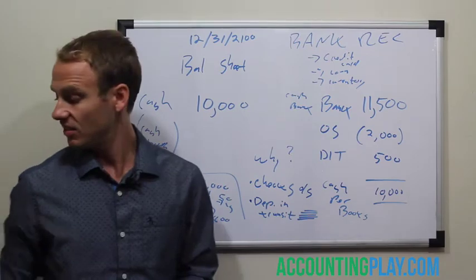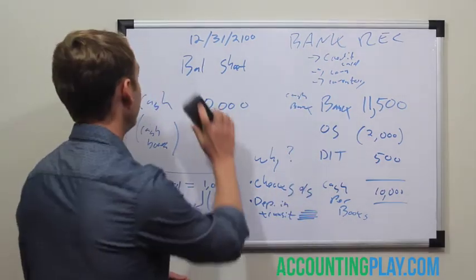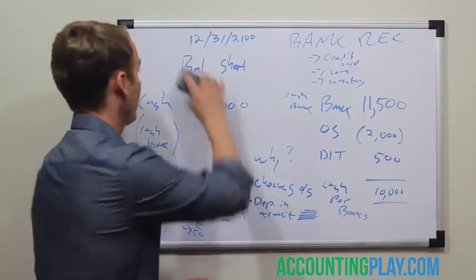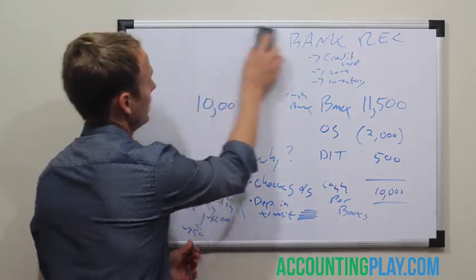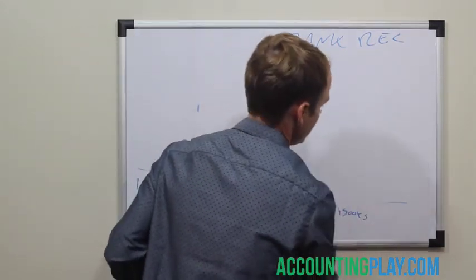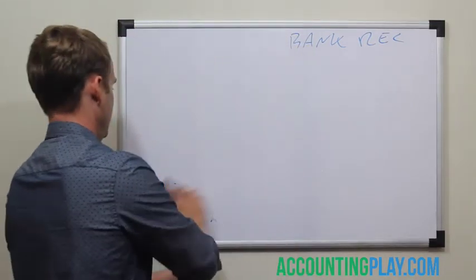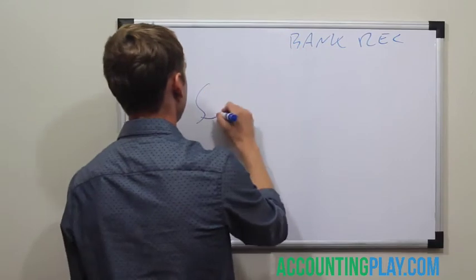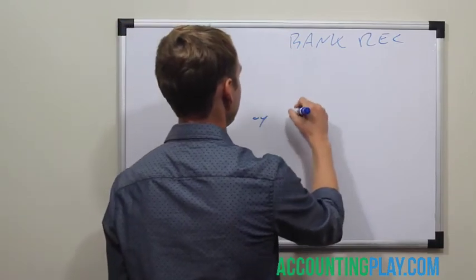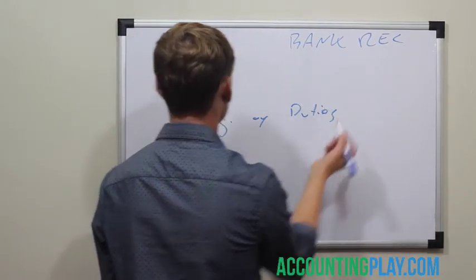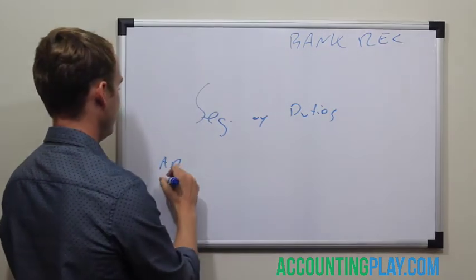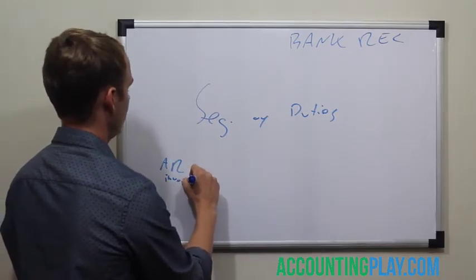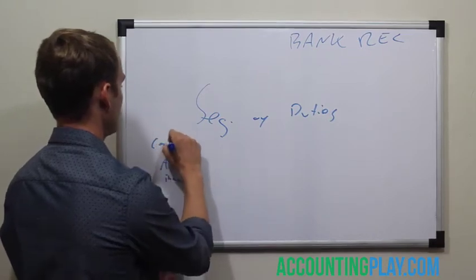Bank reconciliation also is such a crucial function that it involves the concept of segregation of duties, which is just a nice concept to introduce. Segregation of duties. On one side of the balance sheet you have AR, which is invoices being sent out. You also have cash.